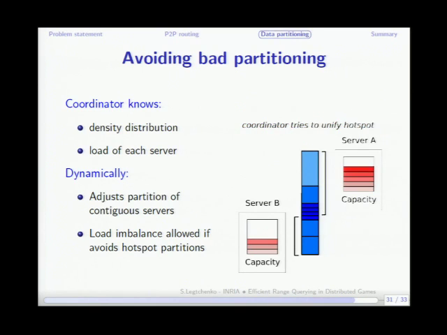So, for instance, it tries to assign the hotspot to server A. And since it achieves that without overloading server A, it considers that the partition is good, so it applies that partition to the system. And here we can see that a rather significant load imbalance is allowed.